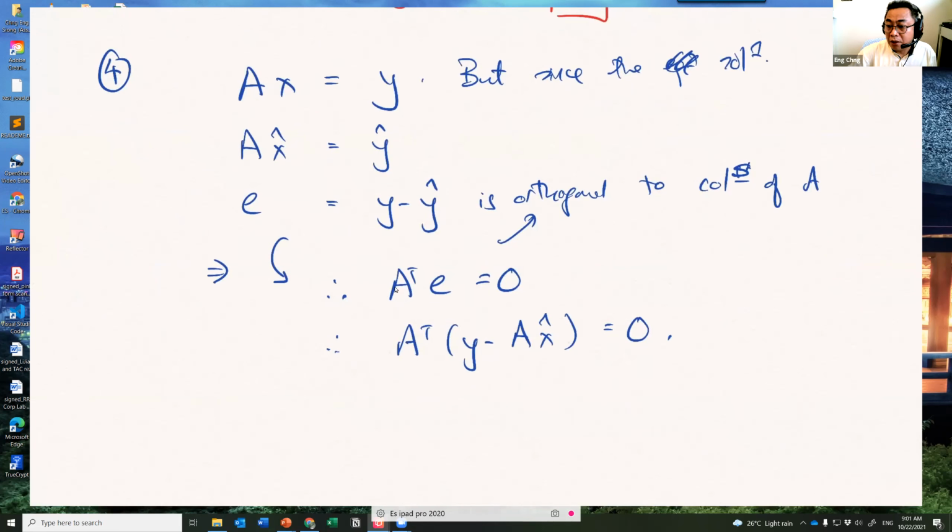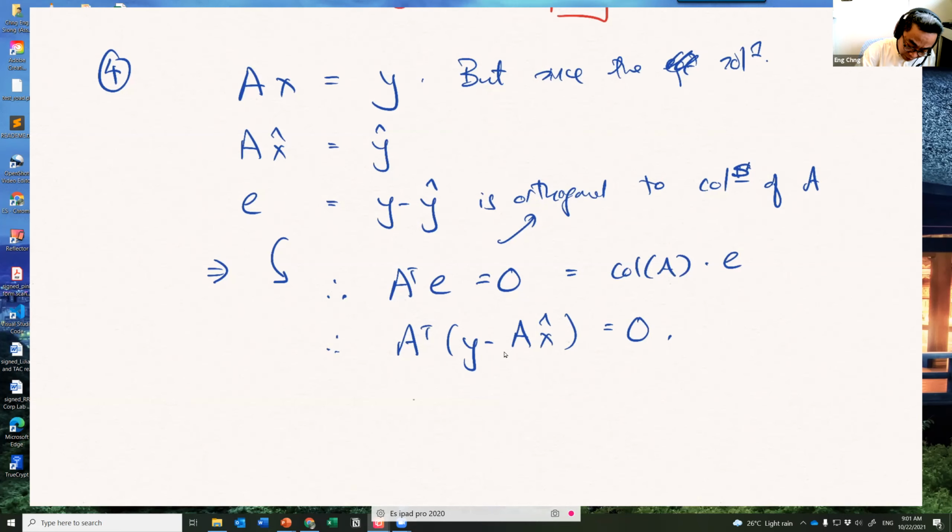Now, for the column space of A, when we want to show orthogonality, we can use this trick. We do A transpose E, which is the same as saying the column space of A dotted with the error vector. It equals 0, which means that it is orthogonal. We replace E by y minus y hat, and we replace y hat by A x hat.